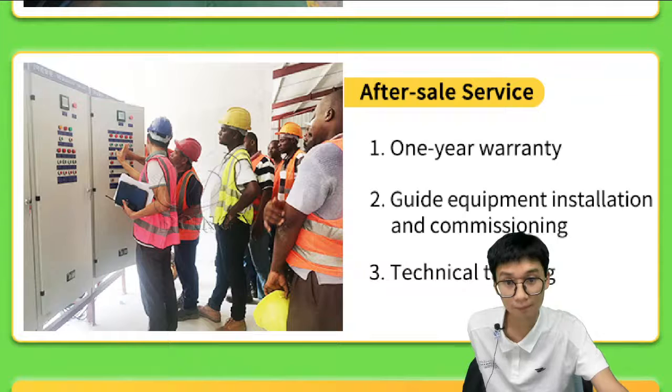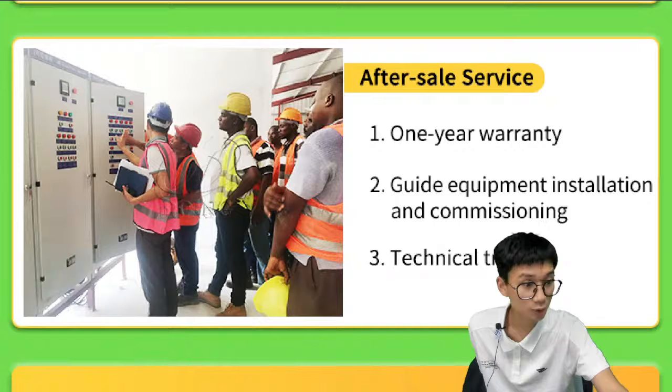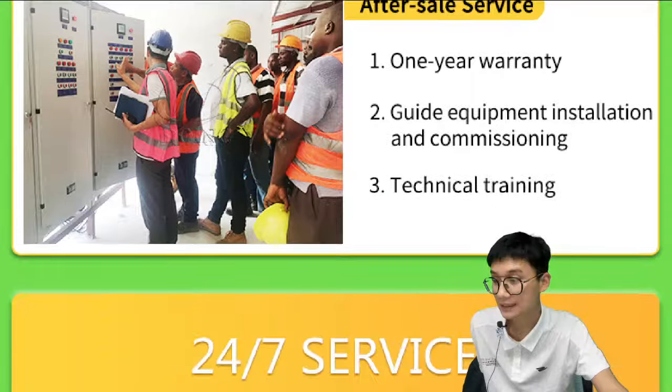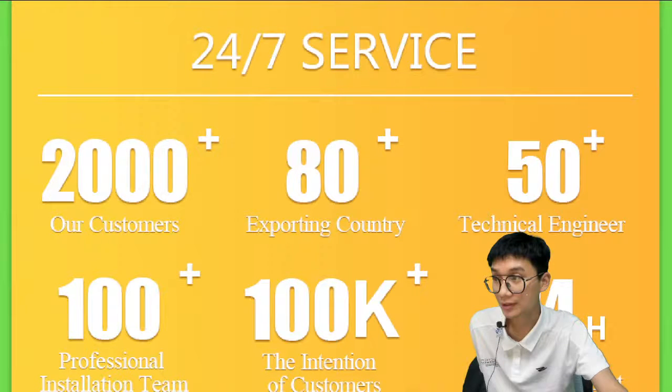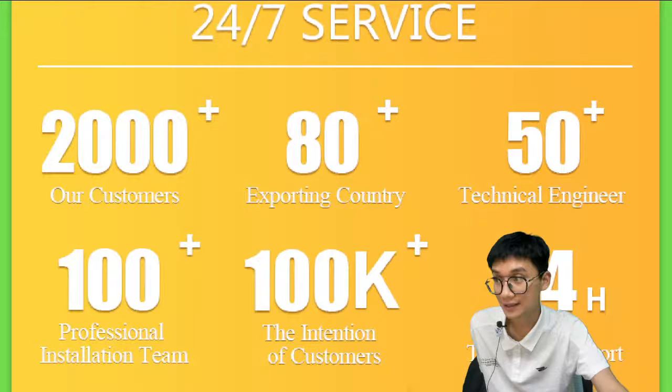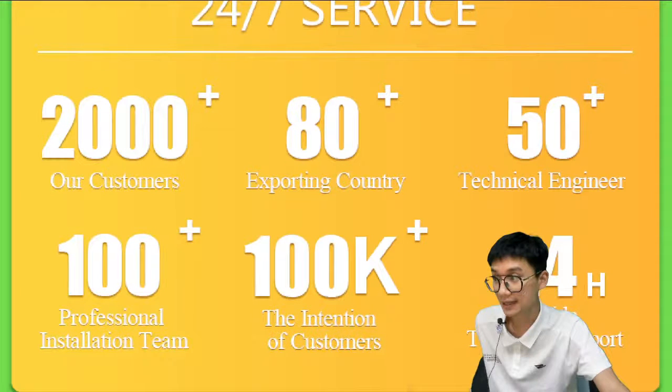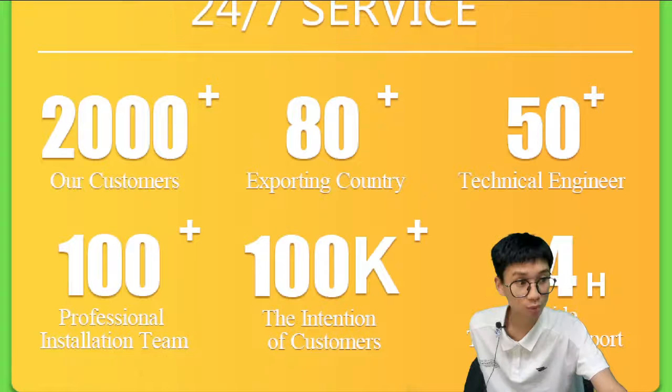We will get back to you with a good solution in 24 hours. Guiding equipment installation and commissioning, and technical training are all done by our engineers, with 24 hours a day, 7 days a week service. Our customers have already reached more than 2,000. We have exported our machines to more than 80 countries. We have more than 50 technical engineers, and we can provide you 24 hours a day, 7 days a week technical support.